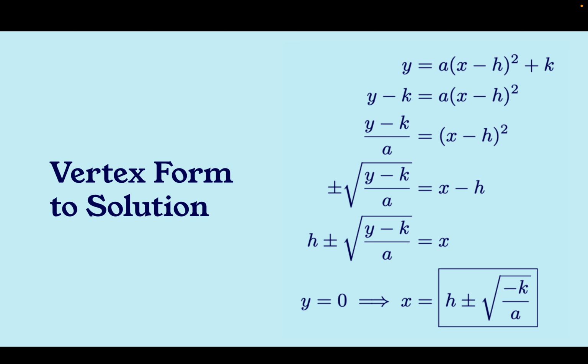Solving a vertex form equation is simple algebraic manipulation where we simply perform operations one by one to eventually isolate x. You will notice this plus or minus sign here right after we eliminate the square from the equation.